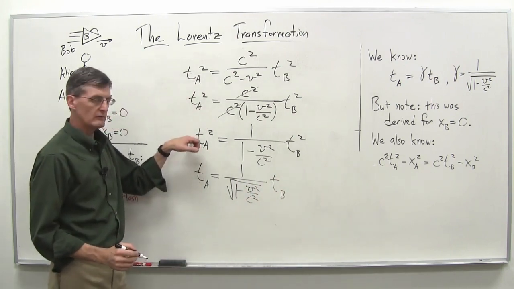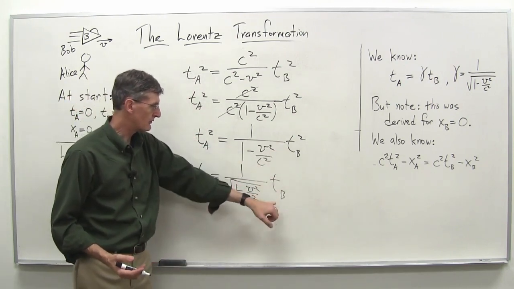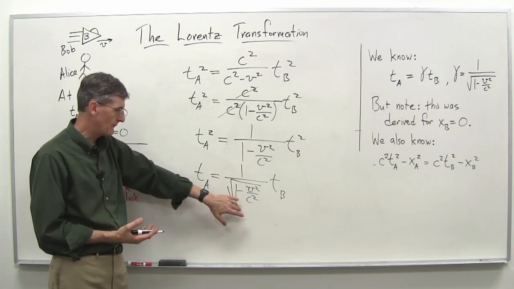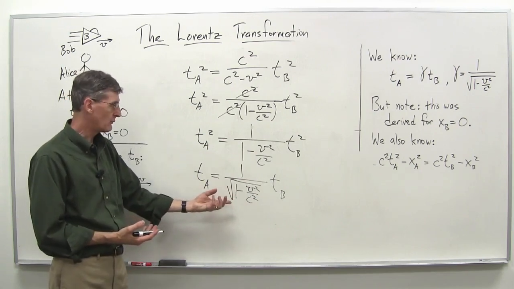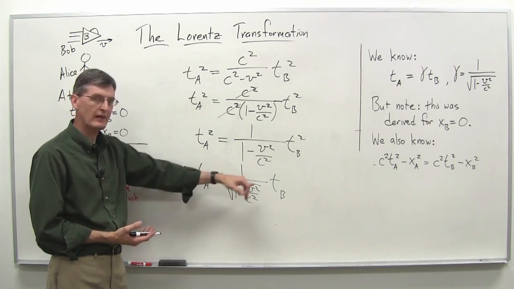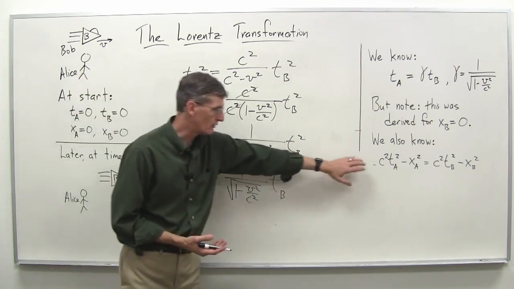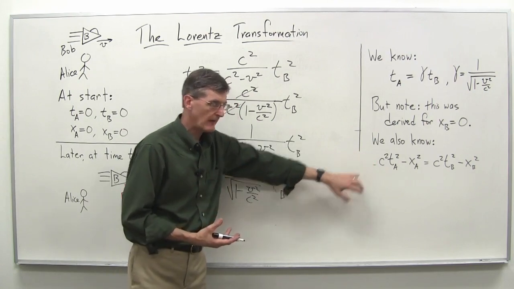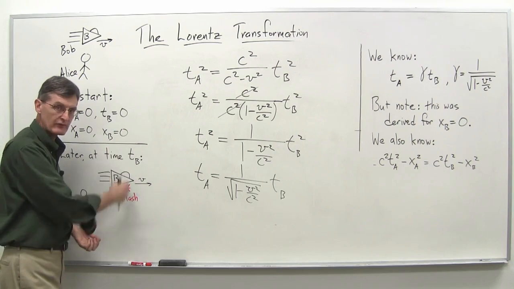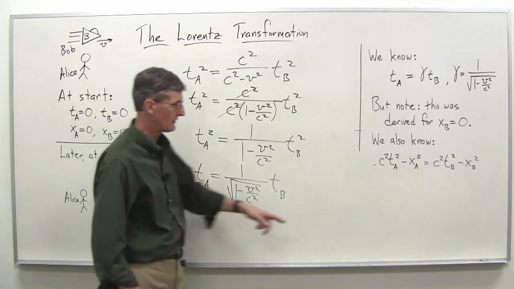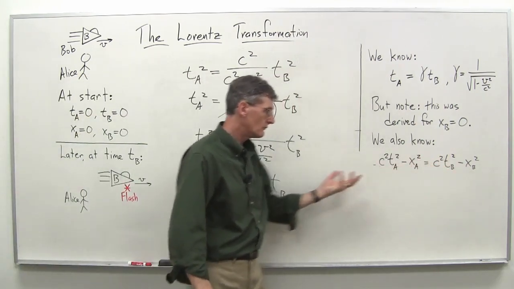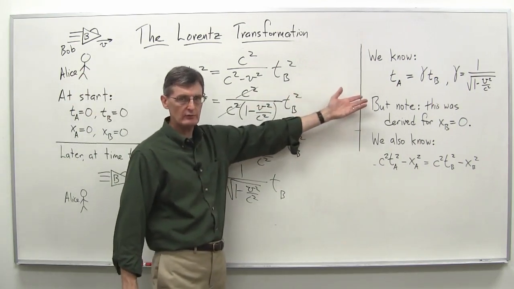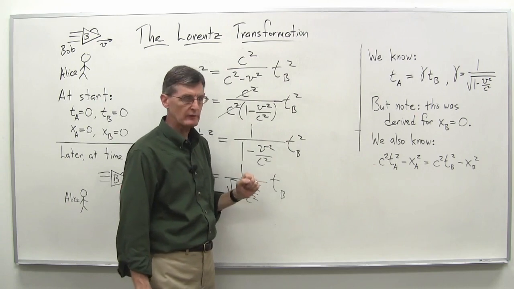In other words, the square root of ta squared is ta, the square root of tb squared is tb, and this should look familiar, I hope. This is gamma. So what we've just shown is ta equals gamma tb. We started with the invariant interval equation and the fact that we are looking at a flash of light at xb equals 0, so we plugged 0 in here, worked through the algebra, and lo and behold, we get our time dilation equation, ta equals gamma tb.